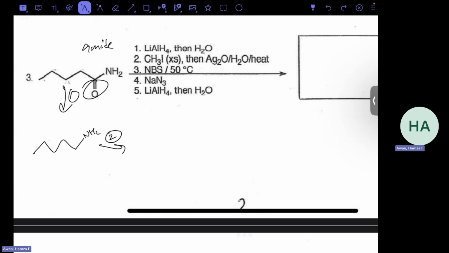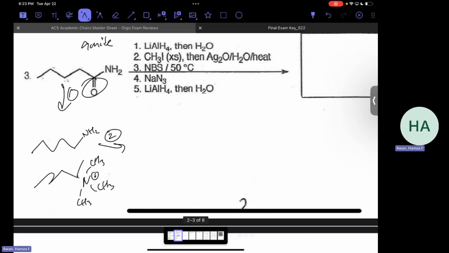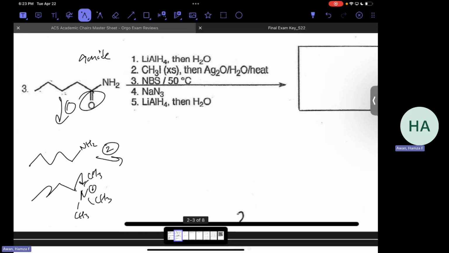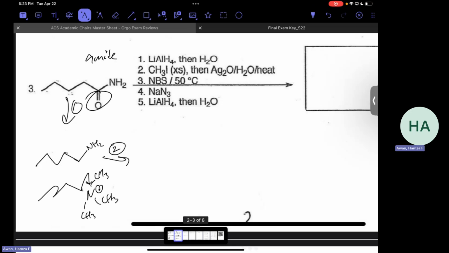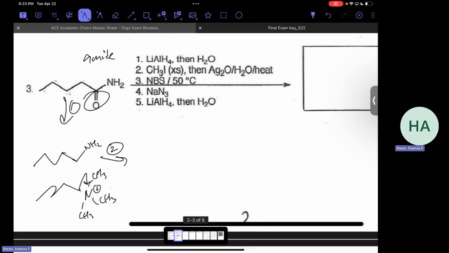So it becomes N, CH3, CH3, CH3, and the N has a plus charge now because it has the R group. Because of that, it just leaves, and then the Ag2O, H2O in heat creates a double bond right over here. You don't have to know the mechanism at all, I'm just letting you know in case you were curious.